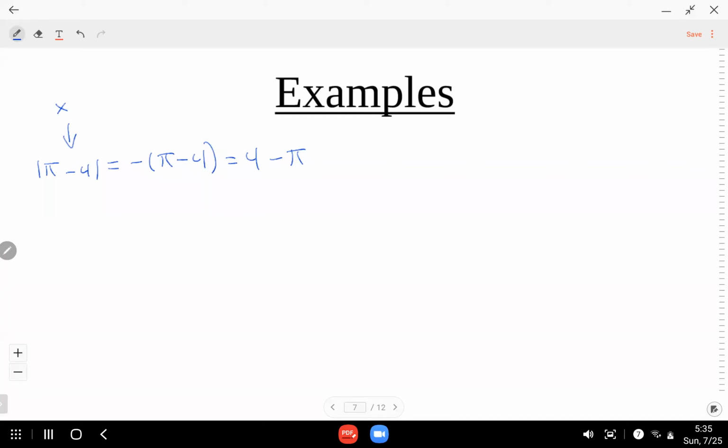Let's do another example. Number 2, x plus 3. What's the absolute value of x plus 3 if x is less than or equal to -3? Okay, what is that? I'm expecting you to answer this.